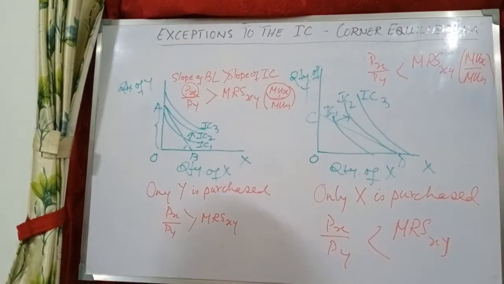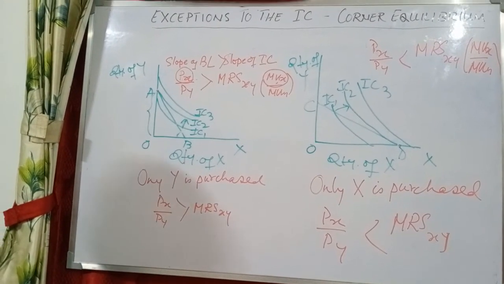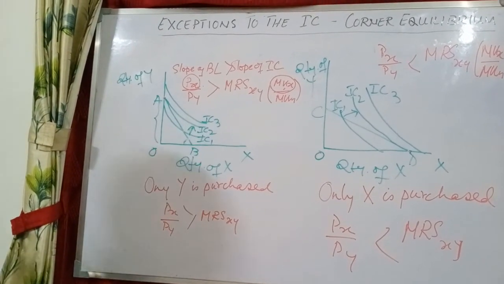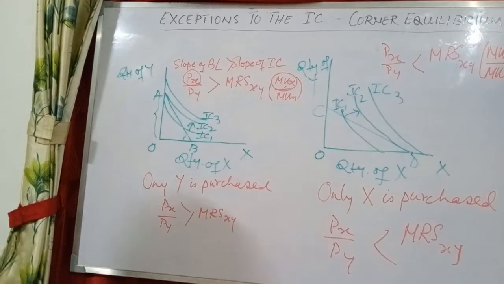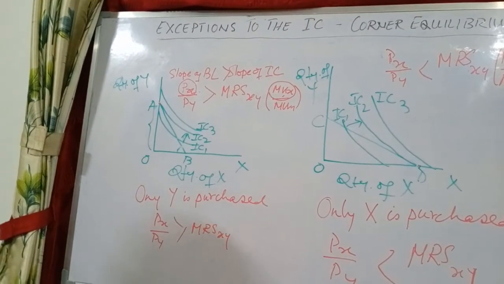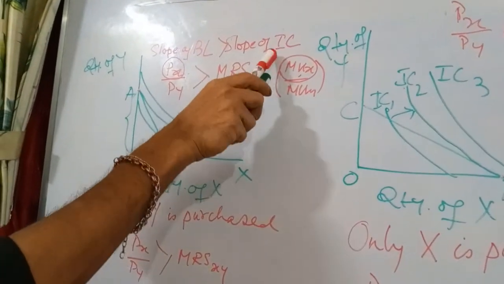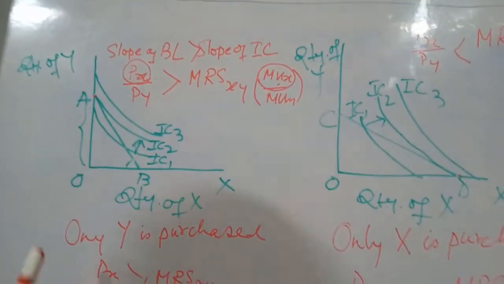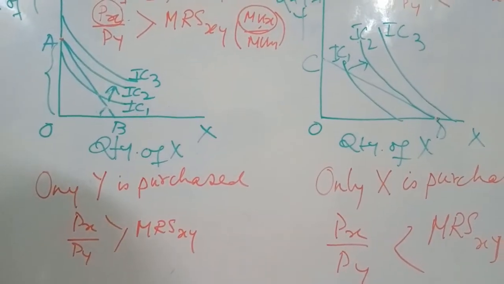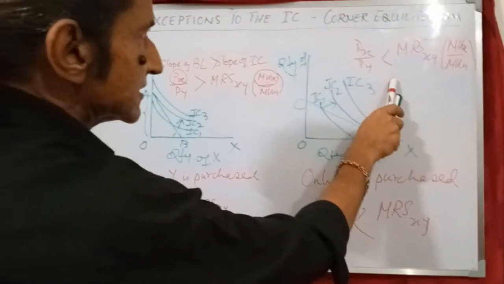So this is the corner solution or corner equilibrium, which is certainly an exception to indifference curve analysis, where the consumer maximizes his satisfaction by consuming only one commodity because he is either unwilling or unable to purchase the other commodity. In the first case, the slope of the budget line is more than the slope of IC, so the consumer purchases only Y and does not purchase even 1 unit of X. That is, his whole money is spent on the purchase of Y. In this case, the slope of the budget line is less than the slope of the indifference curve.